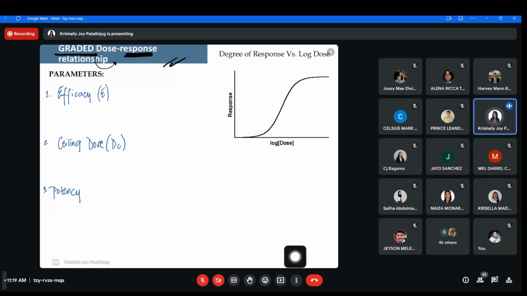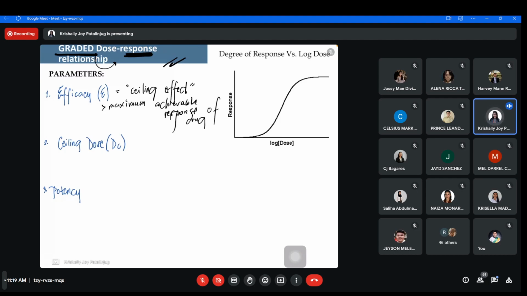So efficacy is also known as the ceiling effect. It tells us about the maximum achievable response of a drug. Maximum achievable response of a drug.